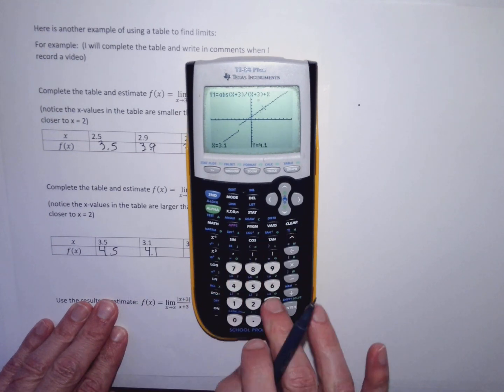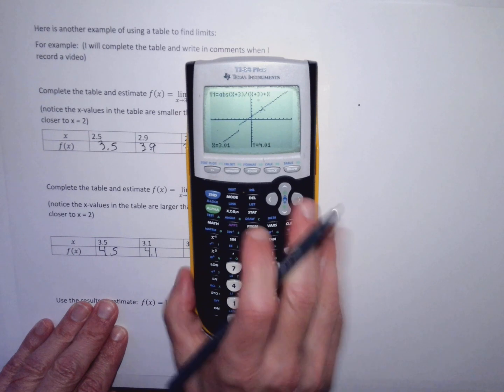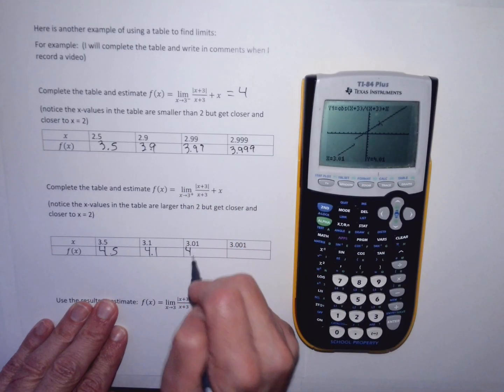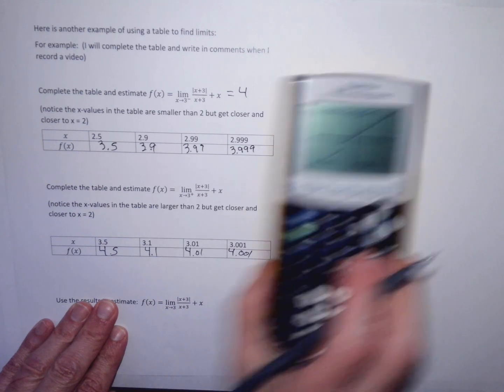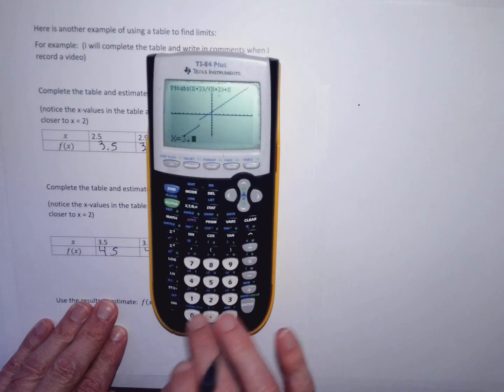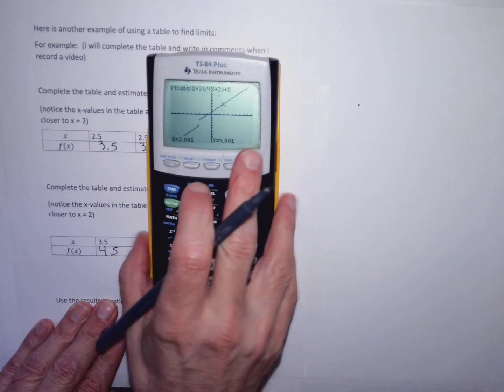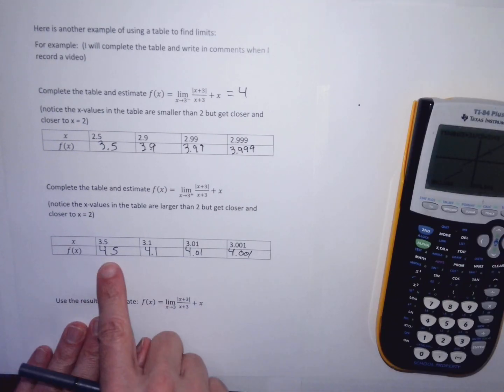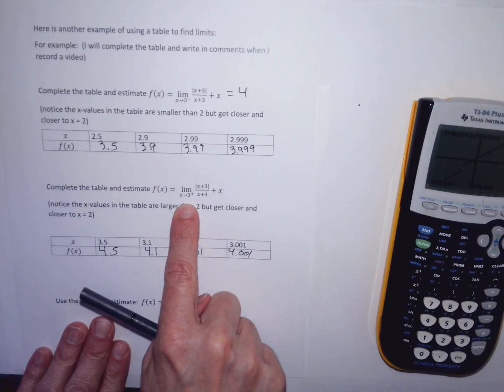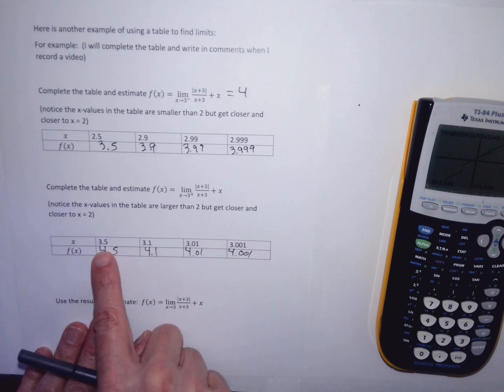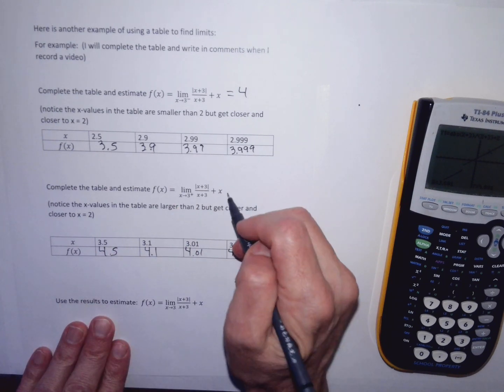I'll plug in 3.01 and get 4.01. If I had to guess, this is going to be 4.001. And it is. So again, for a right-hand limit, I'm taking numbers that are bigger than the limit value of x, plugging them in. And this also looks like it's 4.